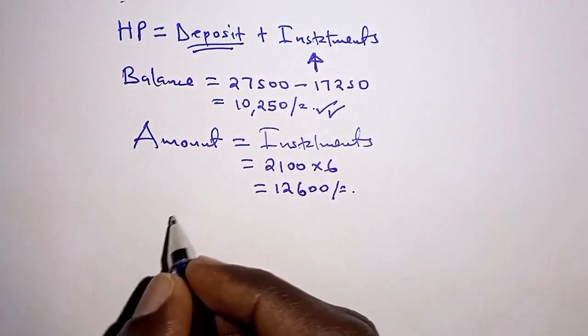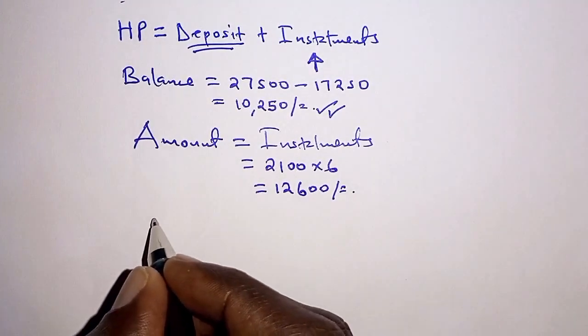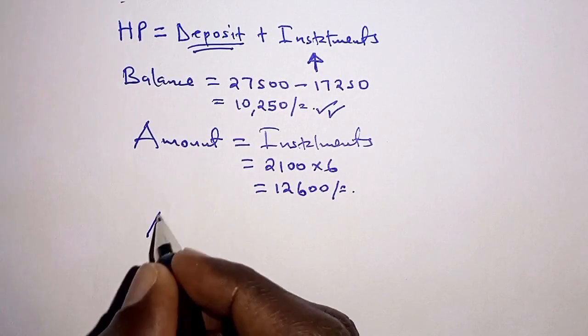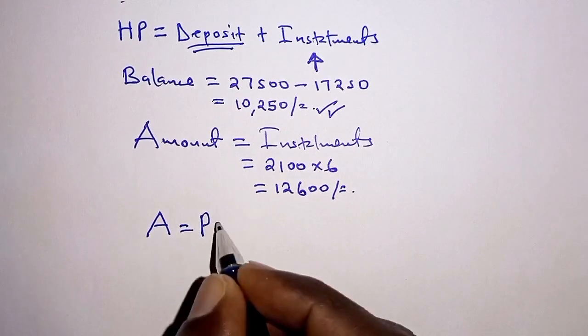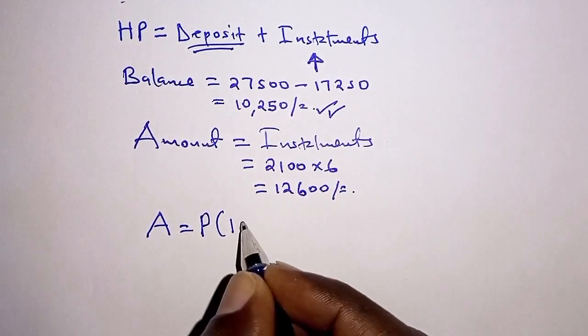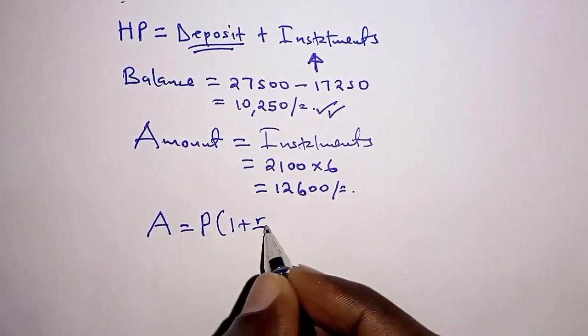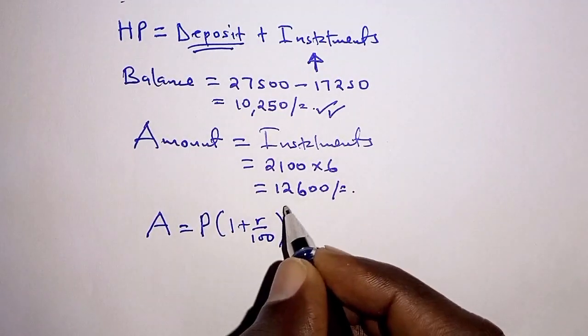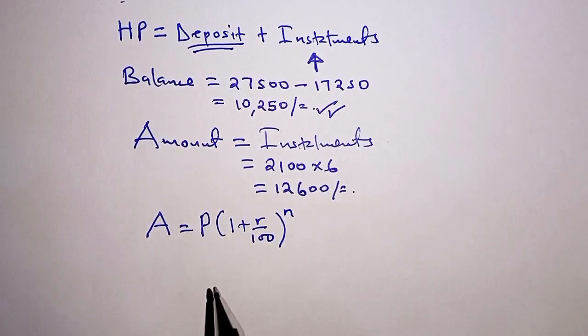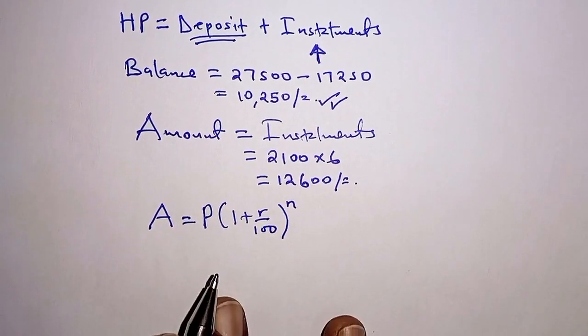Now, just like I'd said earlier on, we are going to use the compound interest formula, which is given by amount is equal to principal into 1 plus the rate, that is the interest rate, over 100 raised to n, the period or duration it happens.